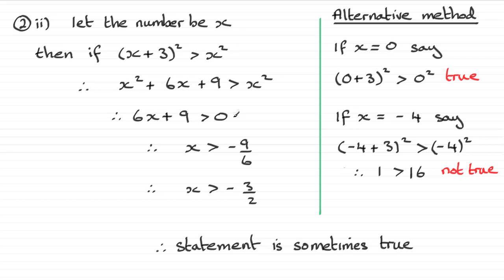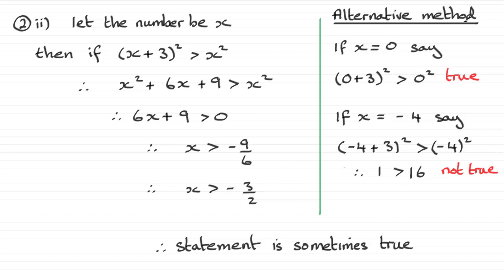Take 9 from both sides, divide by 6, and you end up with x is greater than minus 9/6, which if you divide top and bottom by 3, leads to minus 3 over 2, or minus 1.5. So x has got to be greater than minus 3 over 2. So it's not true for all values of x. But it is sometimes true, as you can see, if x is greater than minus 3 over 2.